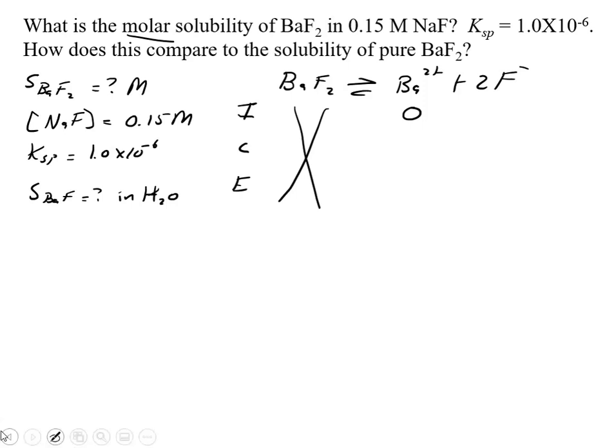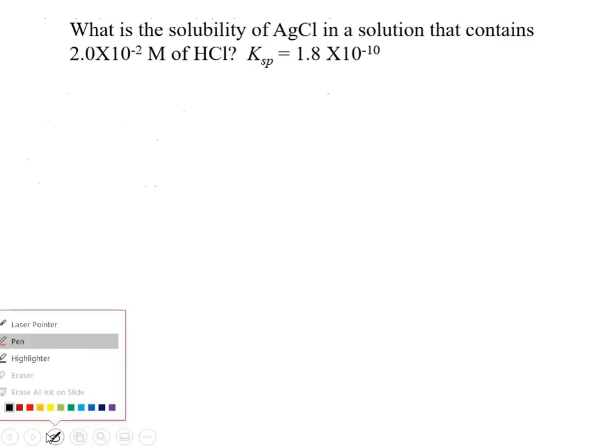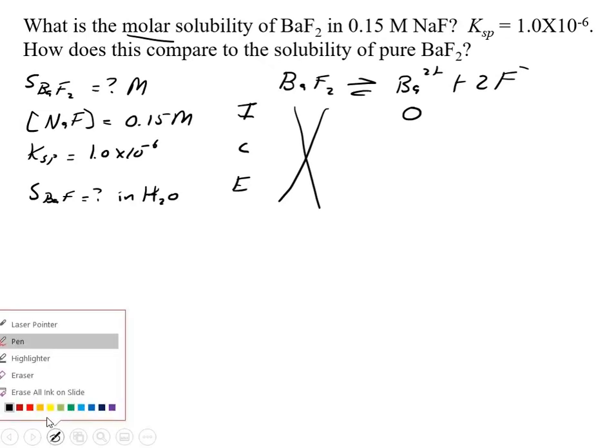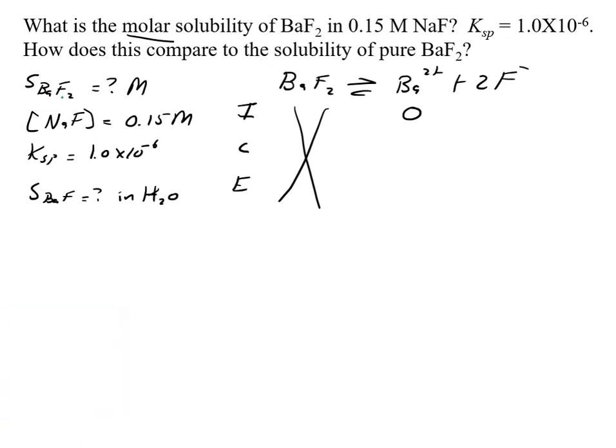When I look at this, I have fluoride and fluoride. So when I look at the sodium fluoride, what's the common ion? It is the fluoride. So I have a 0.15 molar of sodium fluoride. This is going to be X, and this is going to be 2X.